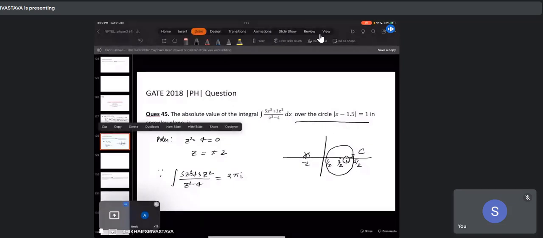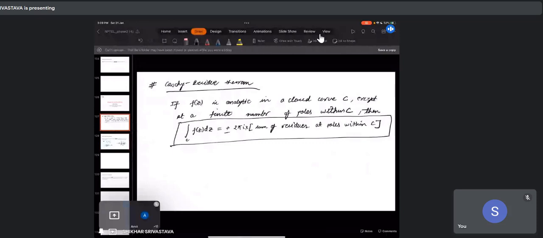There is plus or minus 2 pi i, and it is very important. When the contour integral is going in the anti-clockwise direction, you take the plus sign, and when it is in the clockwise direction, you take the minus sign. Keep that in mind.